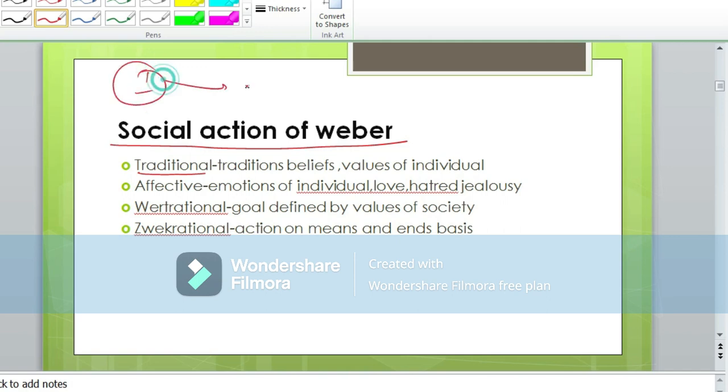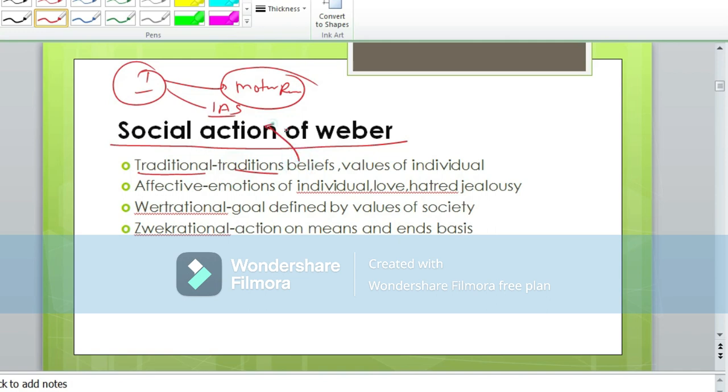Suppose this individual is going to take action, say motor racing, or he is going to become an IAS officer. That comes from the traditionality of his family.